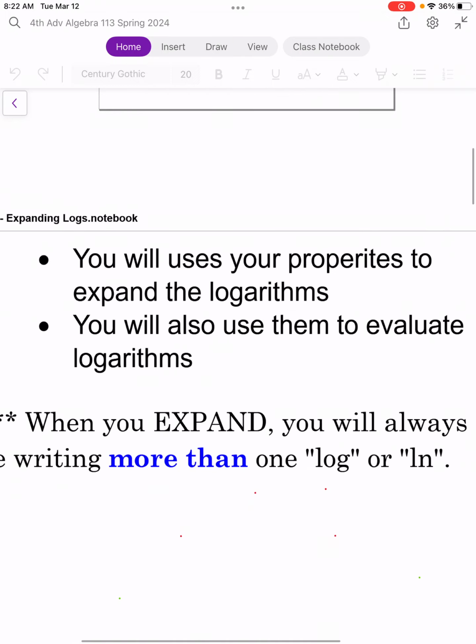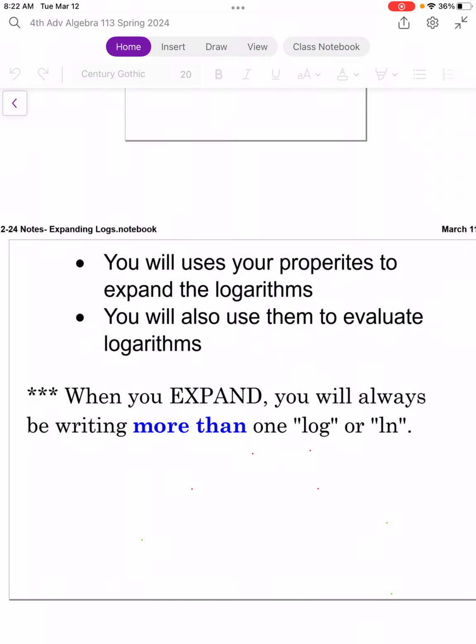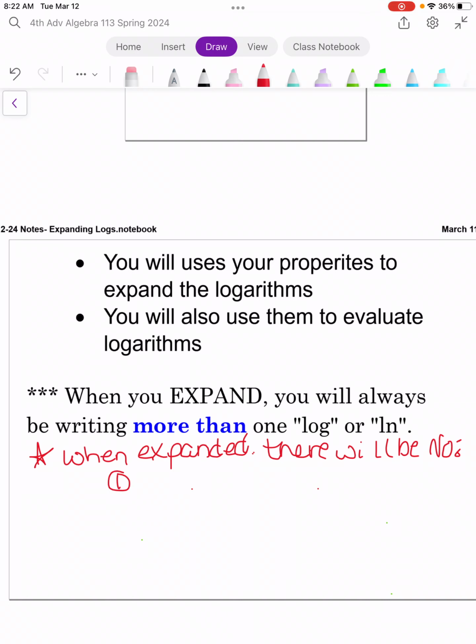So we're going to use our properties to expand the logarithms, and you'll also use them to evaluate logarithms. So when you expand, you'll always be writing more than one log or natural log. Another thing to note is that when you're expanded, there will be no multiplication.